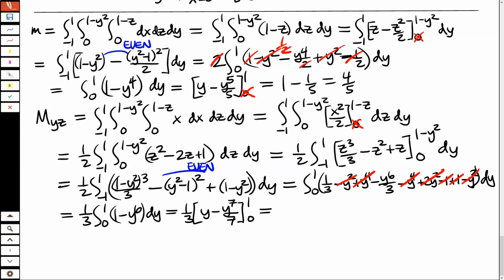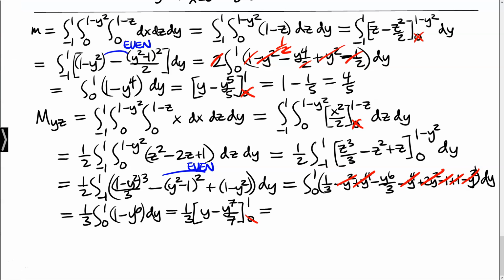And that's going to be 1 minus 1/7. So that's going to be 1/3 times 6/7, which of course is going to be 2/7.